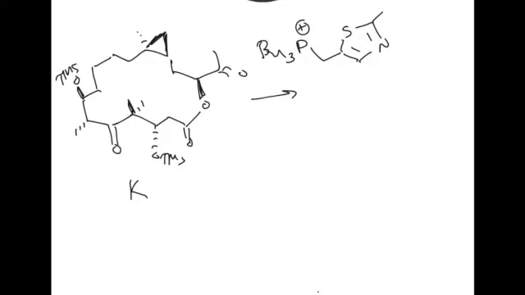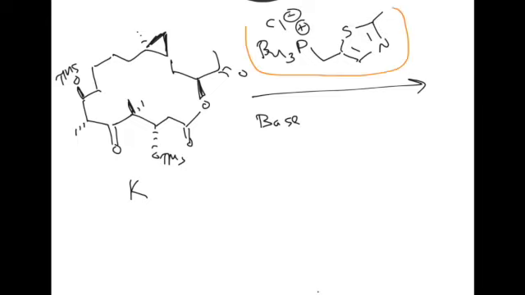Plus we've got Cl minus, and we'll add a base. And I'm probably not going to draw out the whole thing, right? But, so what happens to this when I add a base to it? So the base is to react with this salt.